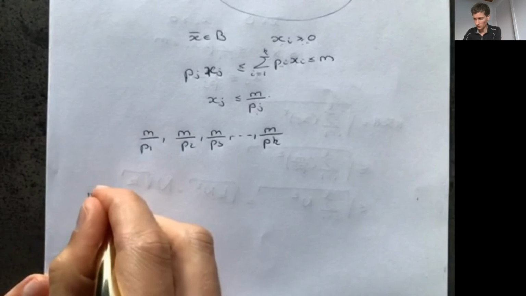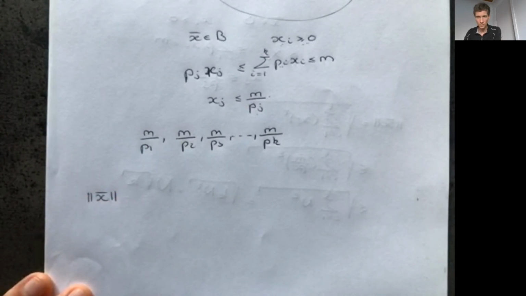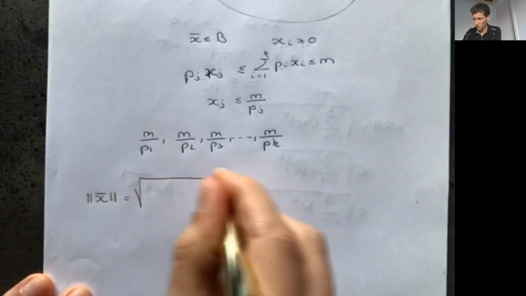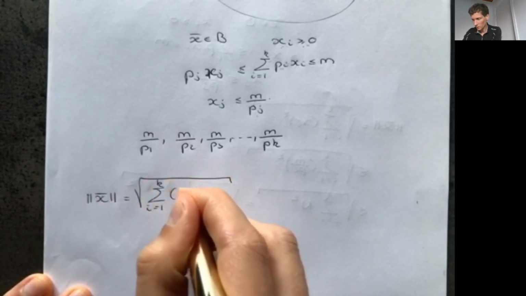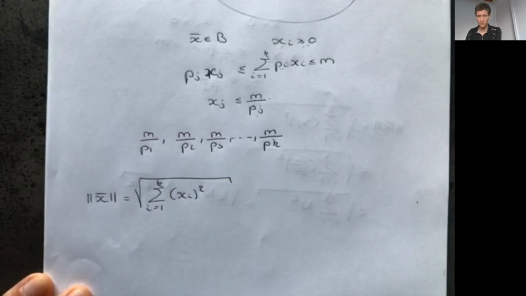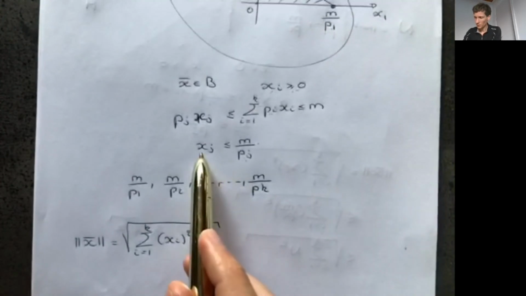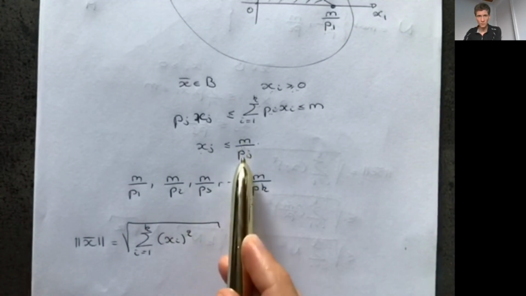So let's try to bound this norm here. We have the norm of x. By definition, this is the square root of the sum from 1 to k of x_i squared, and all the x_i's are less than m over p_i.